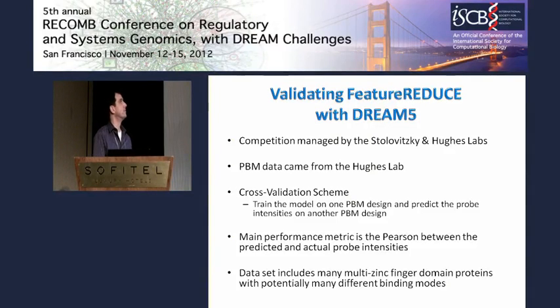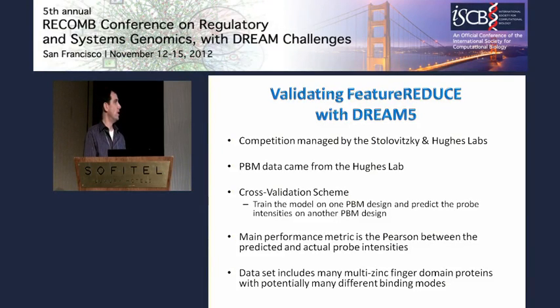So finally, another way to validate the performance of FeatureREDUCE is to compare it to the DREAM5 data that was published almost 2 years ago now. And this was a competition that was managed by Stolovitsky and Hughes Labs. The data came from the Hughes Lab, and the competition was how well can you predict probe intensities from a PBM design that's different from what you trained on.